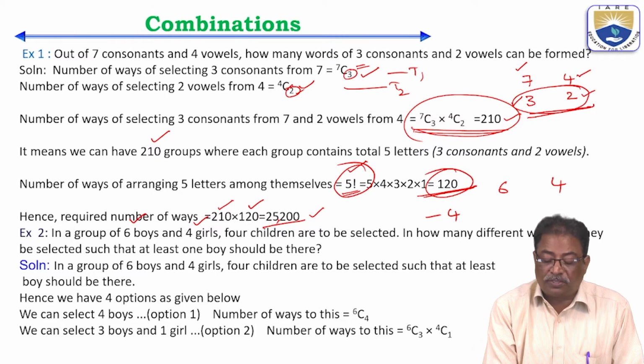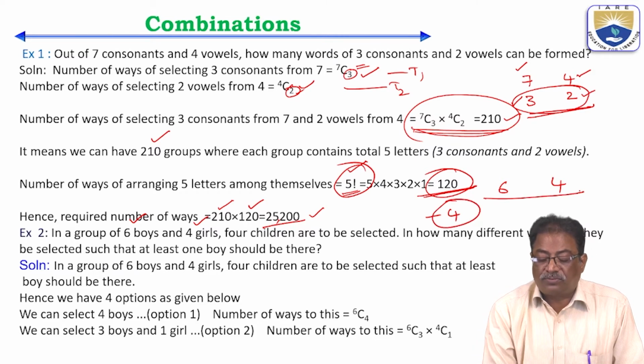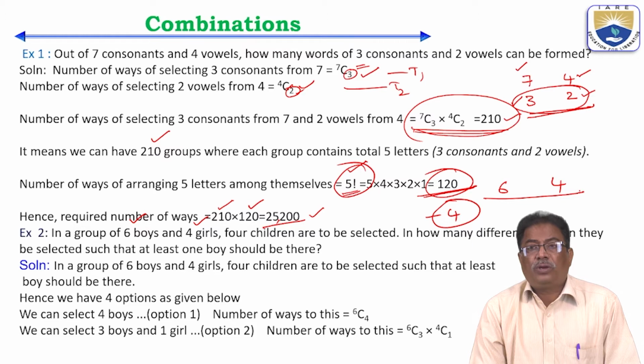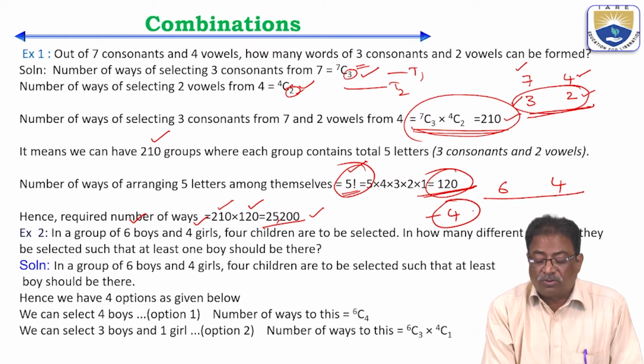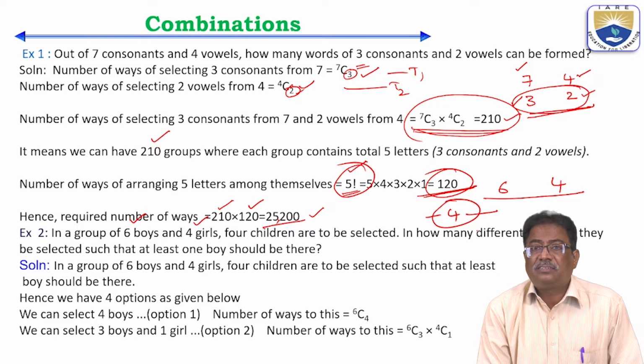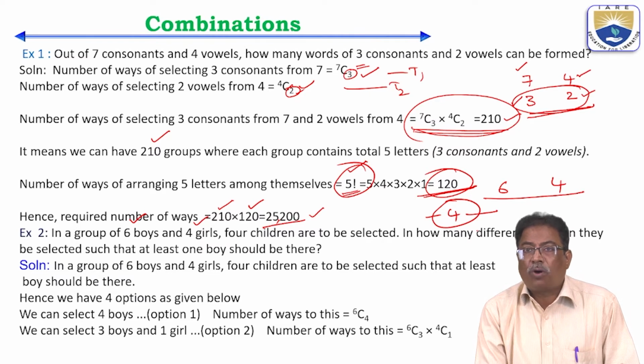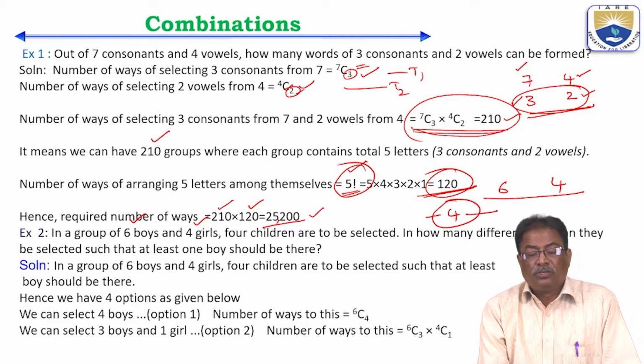There are 10 members, out of which we have to select 4. The condition is that at least 1 boy should be there.